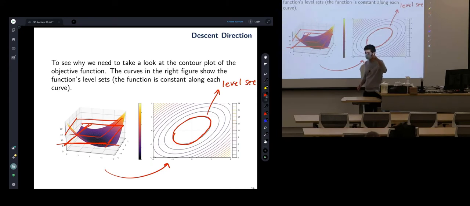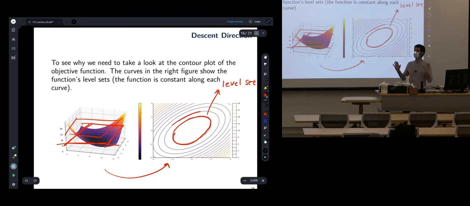Whatever the intersection is, which gives me this ellipse, that means my function is constant. It's the same value at any point on that curve, which is the definition of a level set as well. Now, in the other ellipse, my function has a different value, but along that curve, my function is constant.